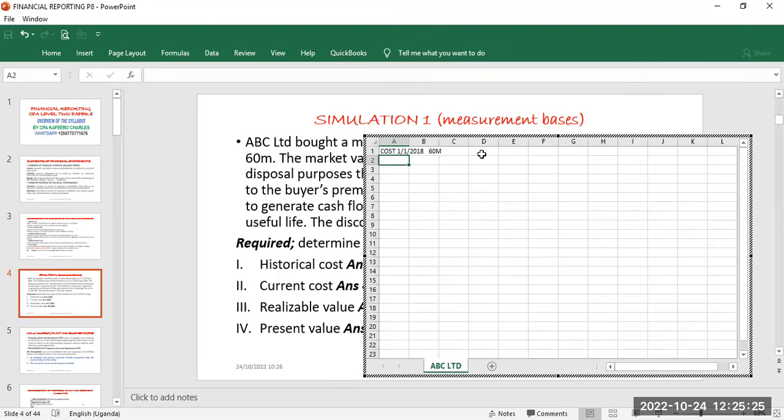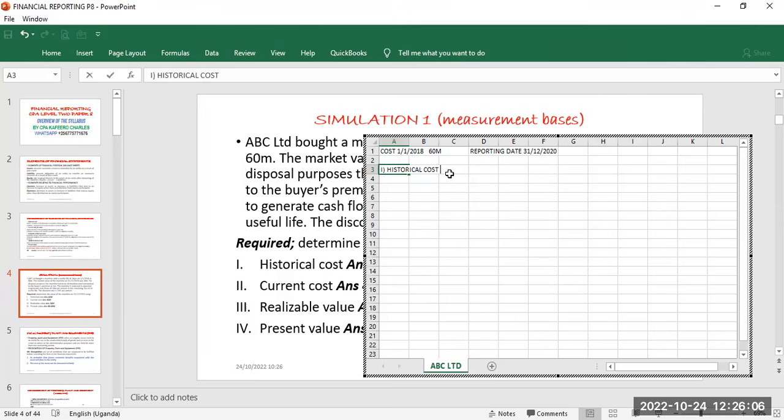But we are reporting at the reporting date, 31st December 2020. So if you have acquired this asset and we are using the historical cost, we are saying this is Roman 1, and we are getting the historical cost.